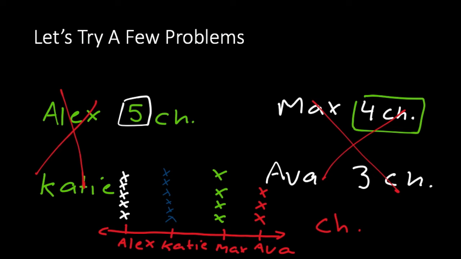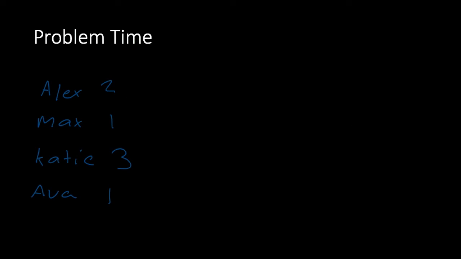Right now, we just numbered Alex, Katie, Max, and Ava's chocolates. But if you did not have this information, all you have to do is represent what they have. So you can just write Alex has 5 chocolates and Katie has 6, and so on. Now, let's move to problem time. So I'm going to draw a line plot here.